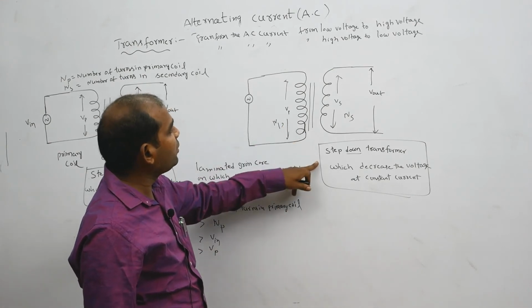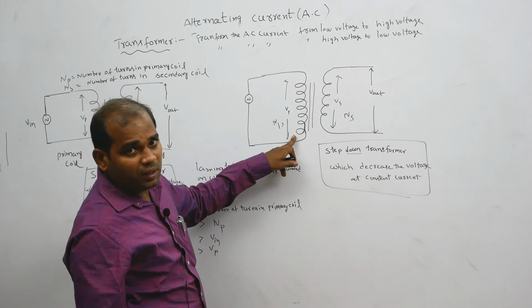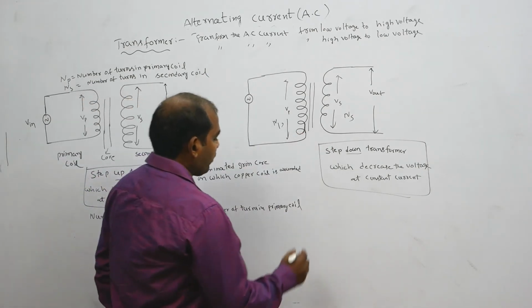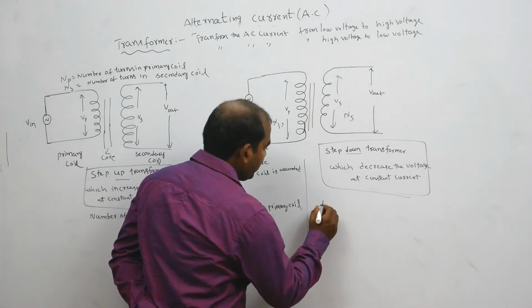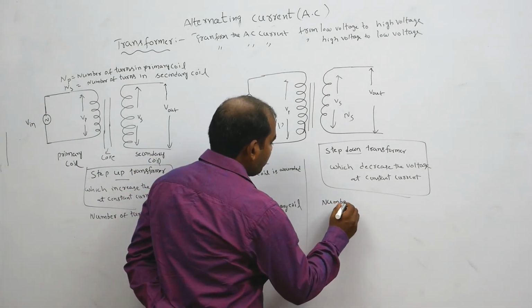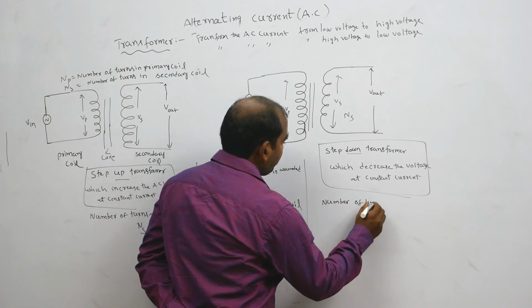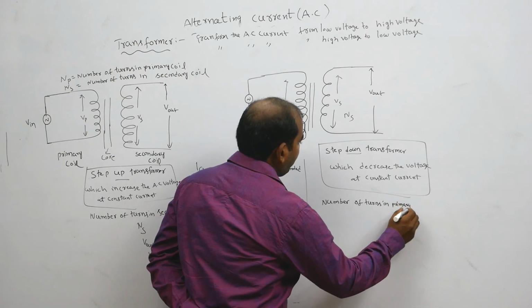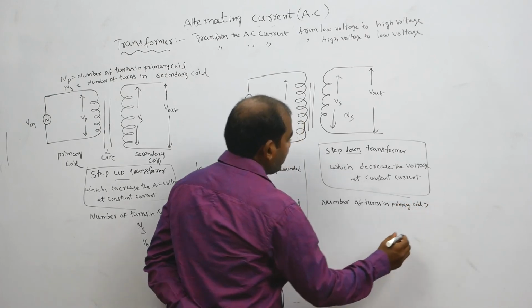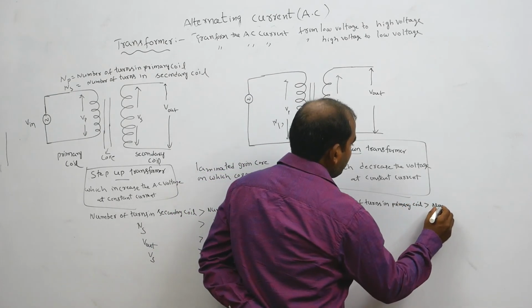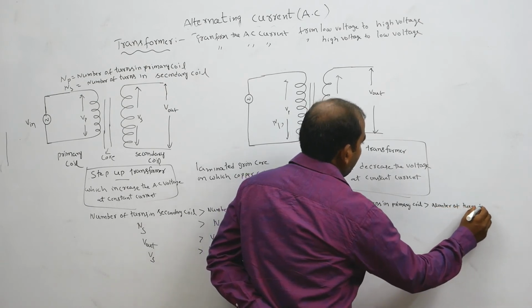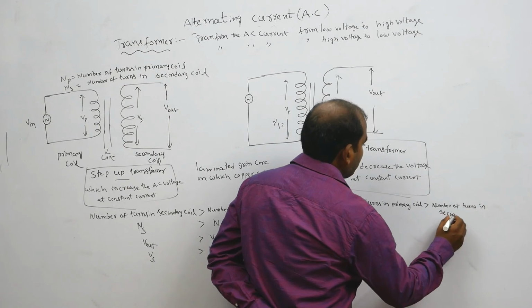So in a step down transformer, the number of turns in the primary coil is greater than the number of turns in the secondary coil.